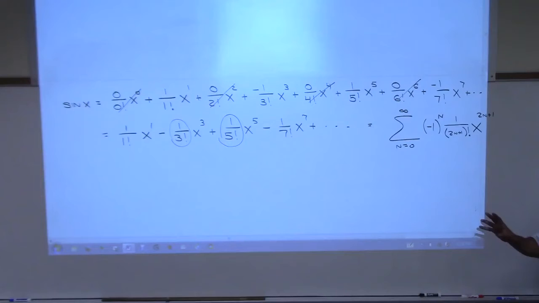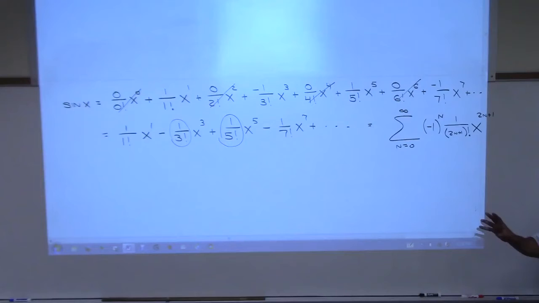Okay, let's keep going. So c sub 0 would be the first number off our list, right? Over 0 factorial, right? Yes? X to the 0. I'm using the formula.